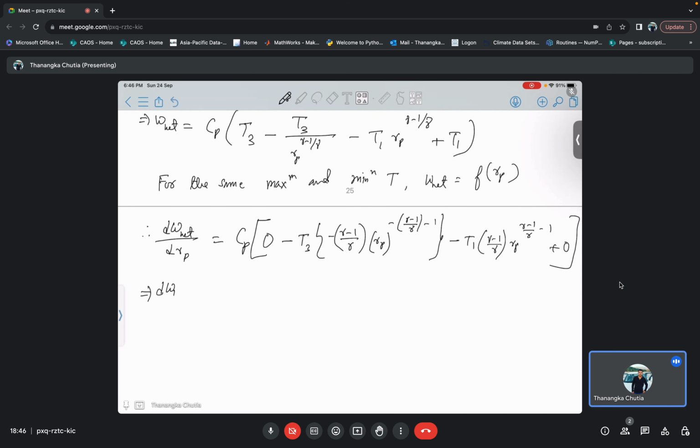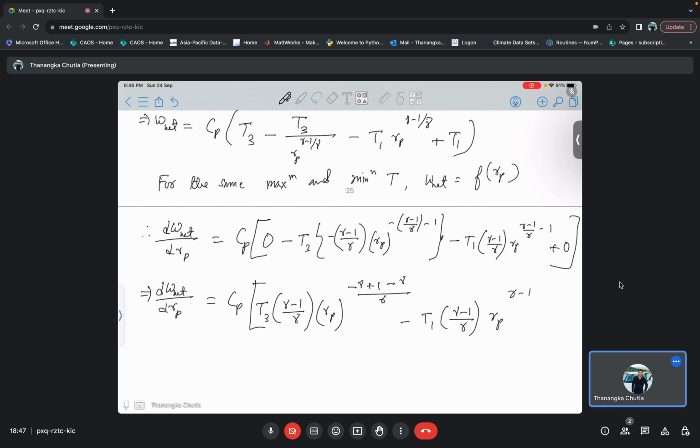So dW net divided by drp is equal to Cp into, minus minus plus, T3 into gamma minus 1 by gamma into rp to the power minus gamma plus 1 minus gamma divided by gamma, minus T1 into gamma minus 1 divided by gamma into rp to the power gamma minus 1 minus gamma divided by gamma.